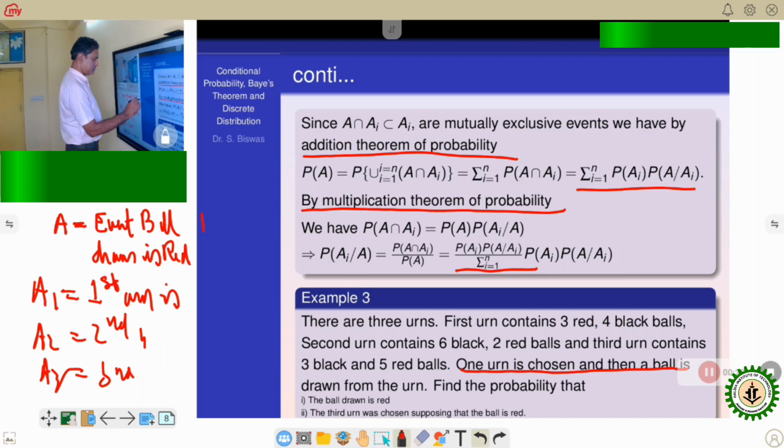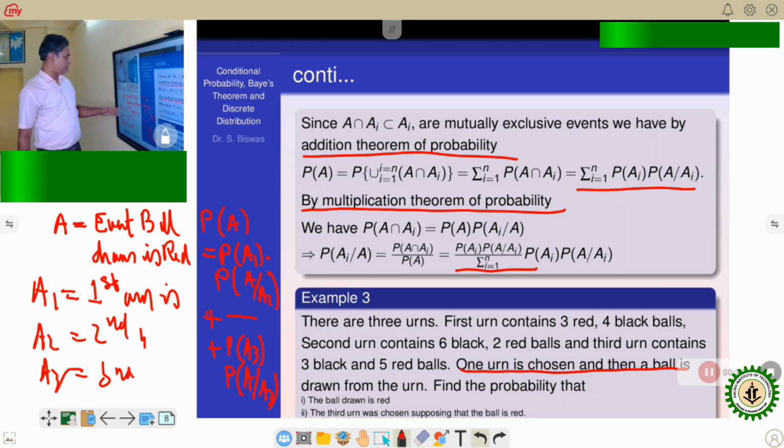Probability of A is equal to probability of A1 into P(A|A1) plus this way, and in this way it goes on.